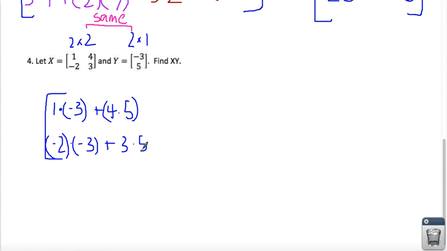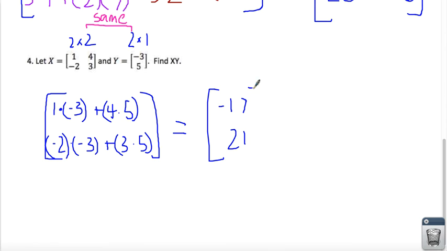And that's it. Since there's only one column in the second matrix, we just simplify this, and we'll get a 2 by 1. So this is going to be -3 plus 20, so 17. That's +6 plus 15, which is 21. And that's our resulting 2 by 1 matrix.